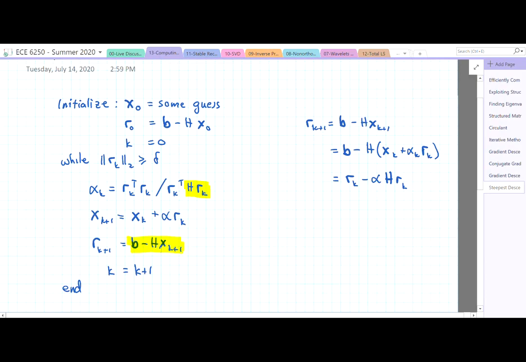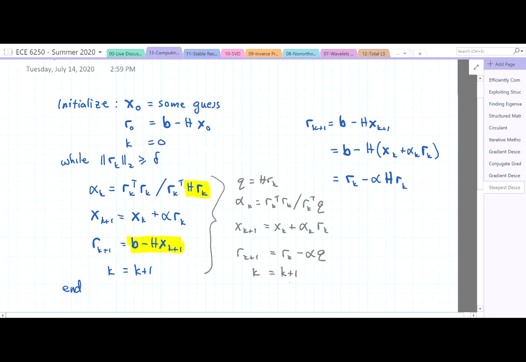Well, we've just expressed this quantity in terms of H RK, and so we can modify this whole procedure just a bit to make it a little bit more efficient by saying Q is equal to H RK, alpha K is equal to RK transpose times RK over now RK transpose Q. XK plus 1 is just as before, xk plus alpha k rk, and rk plus 1 is just equal to rk minus alpha q, and then we increase our loop variable. So this is a little bit more efficient.